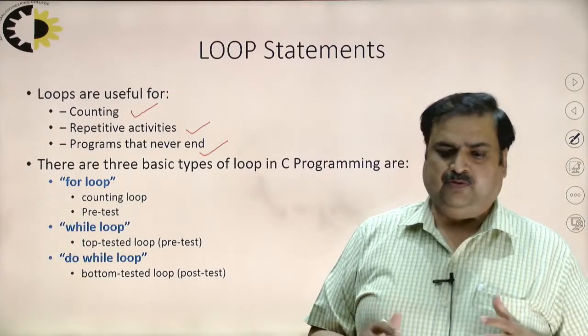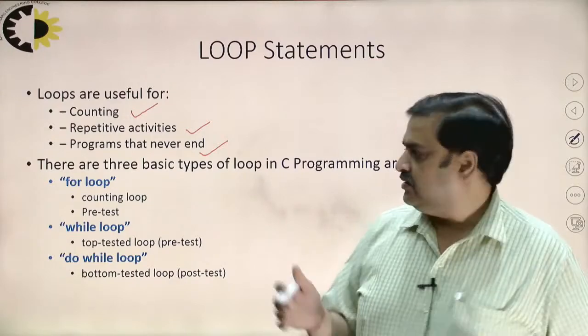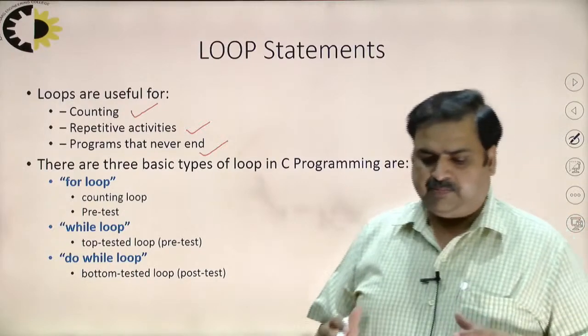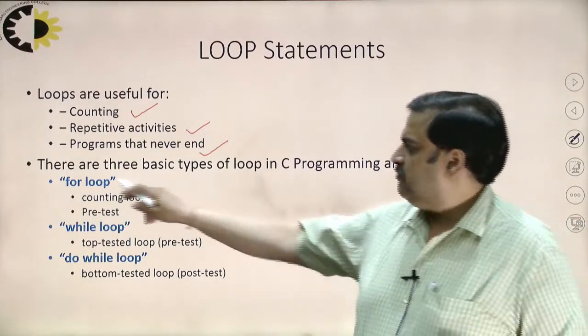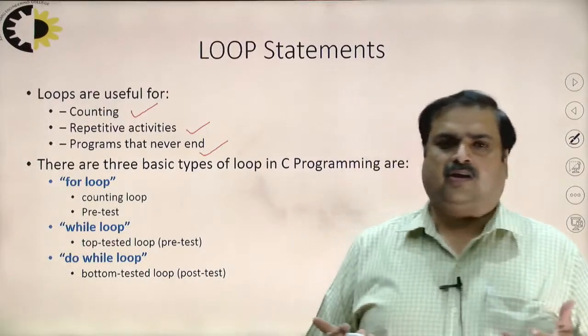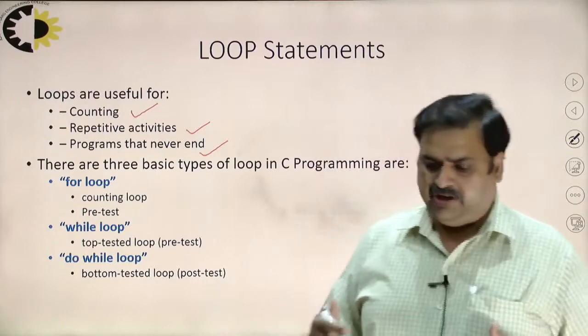I hope most of you are aware that there are three kinds of loops available in the C programming language. One is the for loop, generally called the counting loop, which we use whenever the number of repetitions is known in advance.